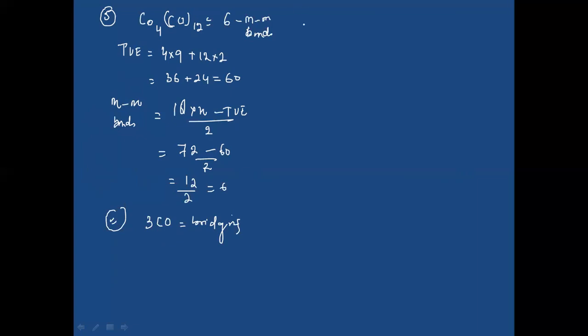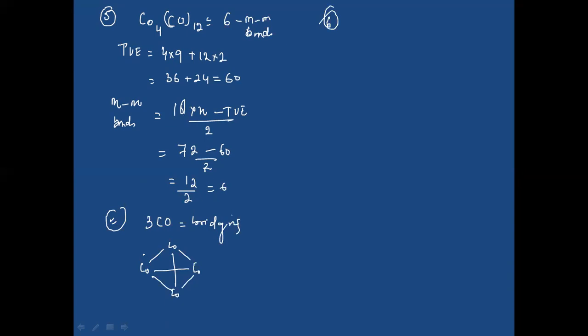Now let me take one more example, example number 6. We can now draw its structure. We can have 4 different carbonyls. This is one carbonyl, this is second, this is third, this is fourth. This is one metal bond, second, third, fourth, fifth, and sixth. These are 6 metal bonds. And there are only 3 bridging carbonyl ligands.